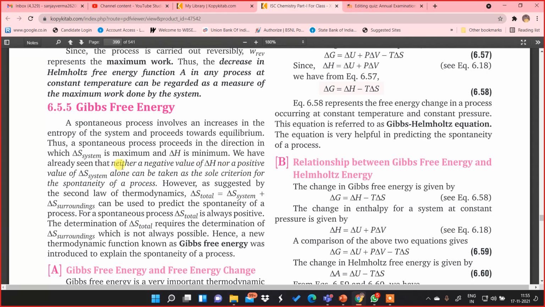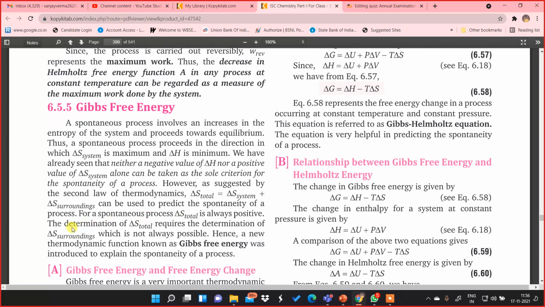We have already seen that neither a negative value of delta H nor a positive value of delta S system alone can be taken as the sole criterion for spontaneity of the process. However, as suggested by the second law of thermodynamics, we know delta S total is equal to delta S system plus delta S surroundings, which can be used to predict the spontaneity of a process. For a spontaneous process, delta S total is always positive.